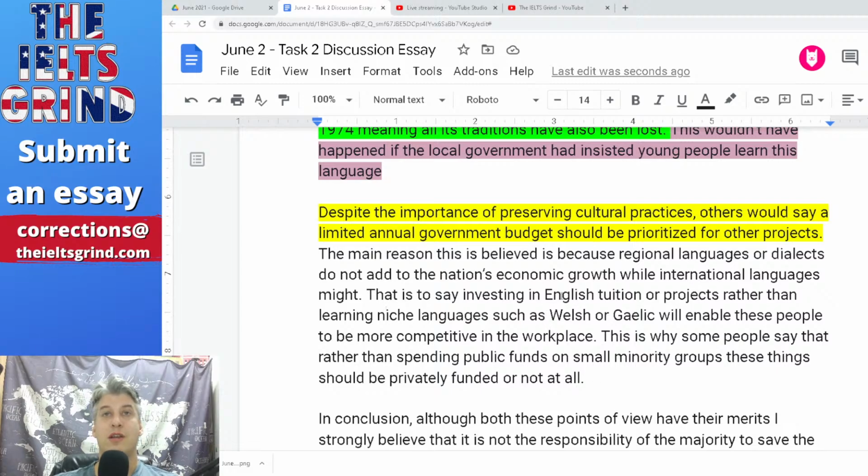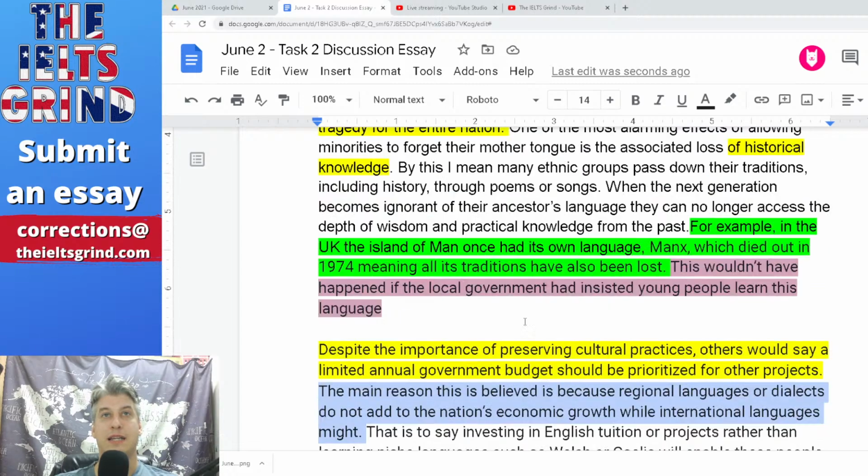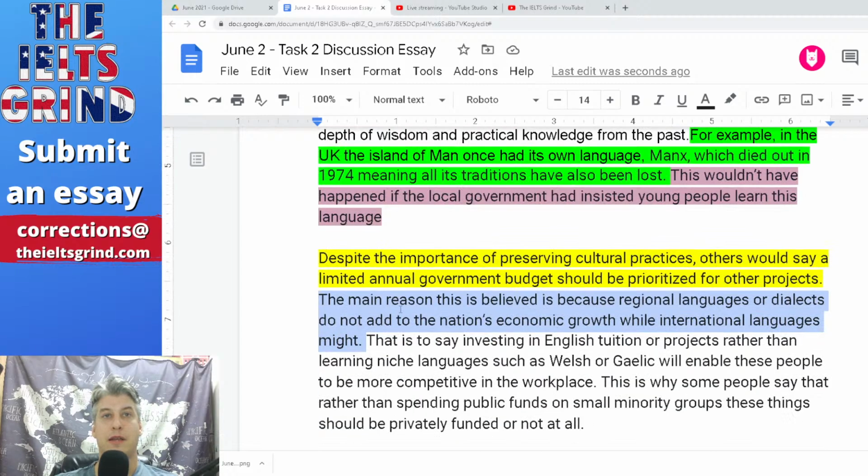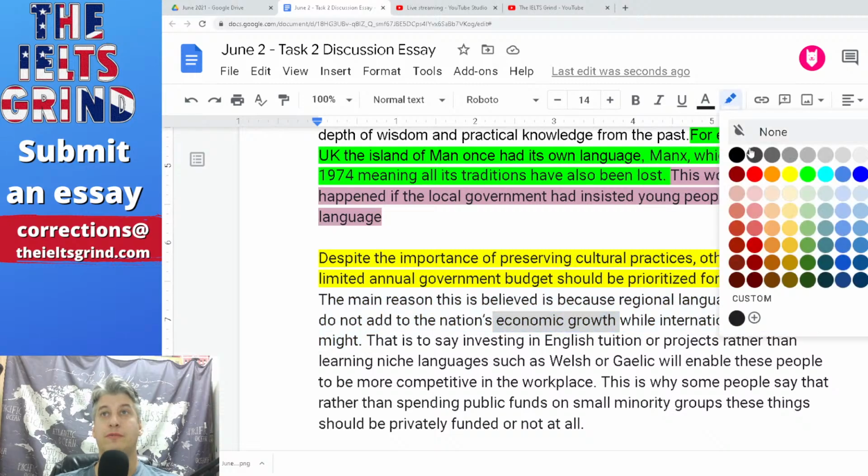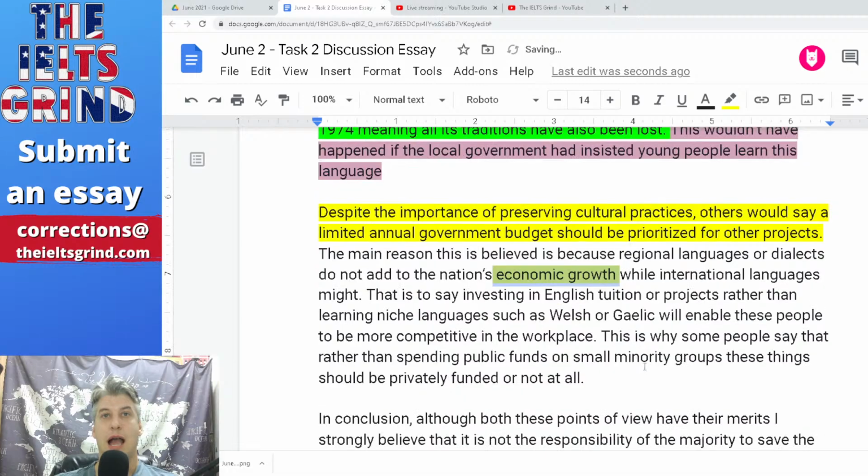Okay, so again, what I've done is I've got my main idea. Okay, so here the main idea is to do with economic growth. And I've given a clear example of what I meant by that, again referring to some minority languages.